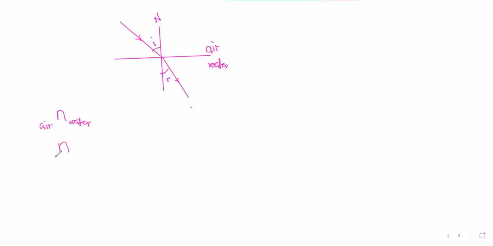So from air to water, then because the first medium is air, we are talking about the absolute refractive index of this dense medium, water. And we can determine that by Snell's law, the ratio of sin i over sin r.